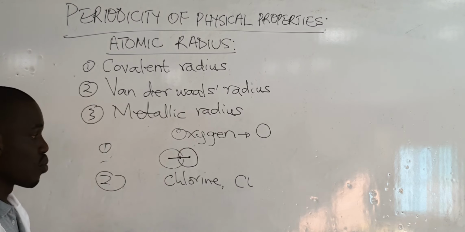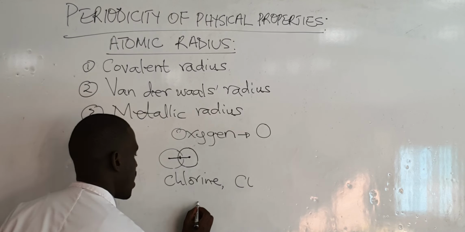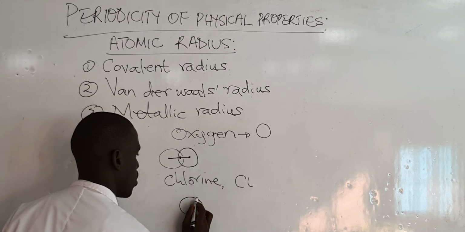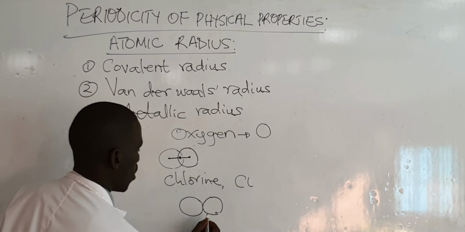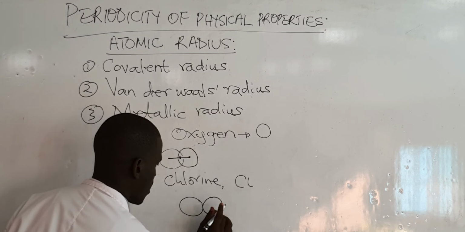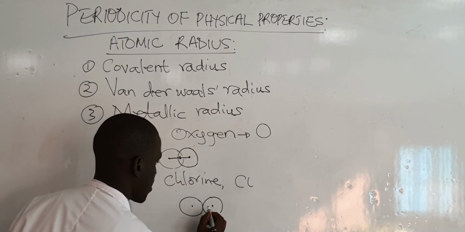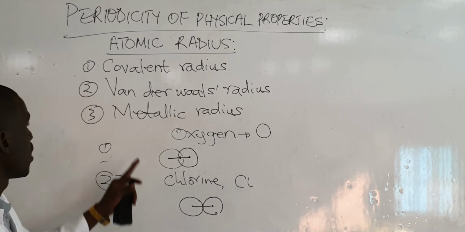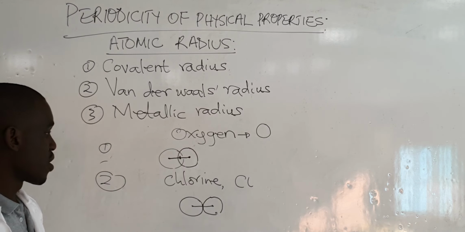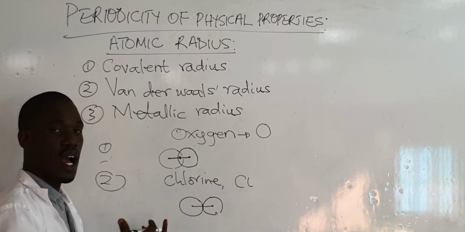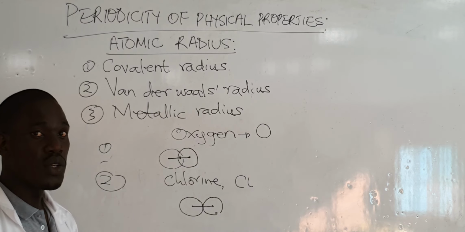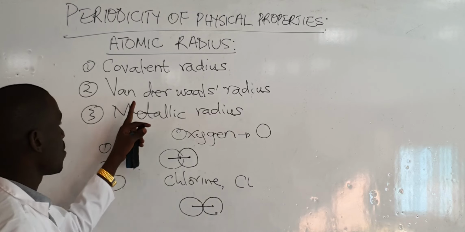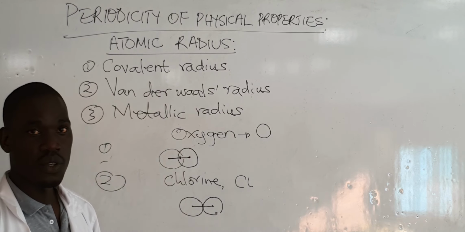If we have two atoms of chlorine adjacent to each other, the half internuclear distance of these two atoms will give us the van der Waals radius. The two atoms are adjacent to each other, but they are not bonded to each other.